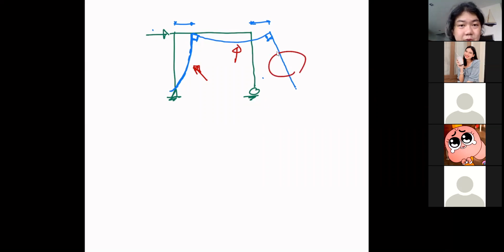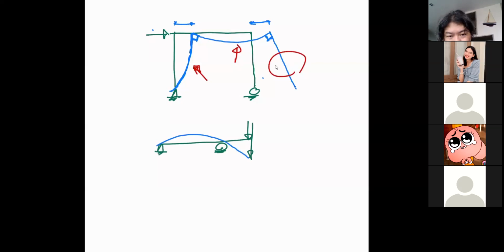Or make it simpler, let's say a simple case of an overhanging beam. How is this beam going to deform? You just push something down very hard at the end like this. So the only way that this structure can deform is like this, correct? It cannot deform otherwise.